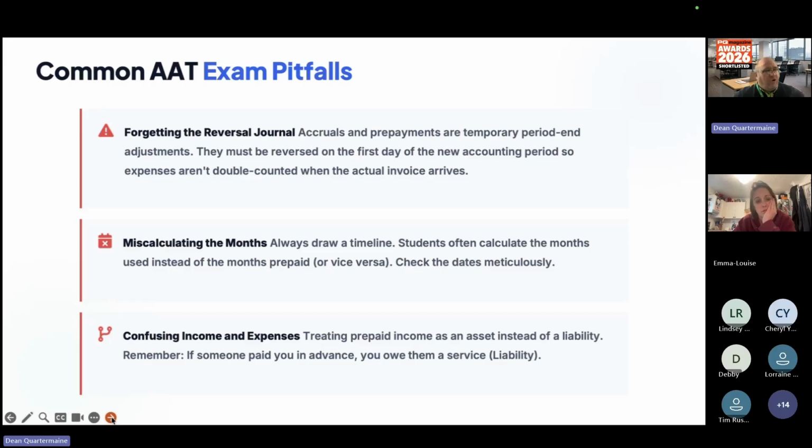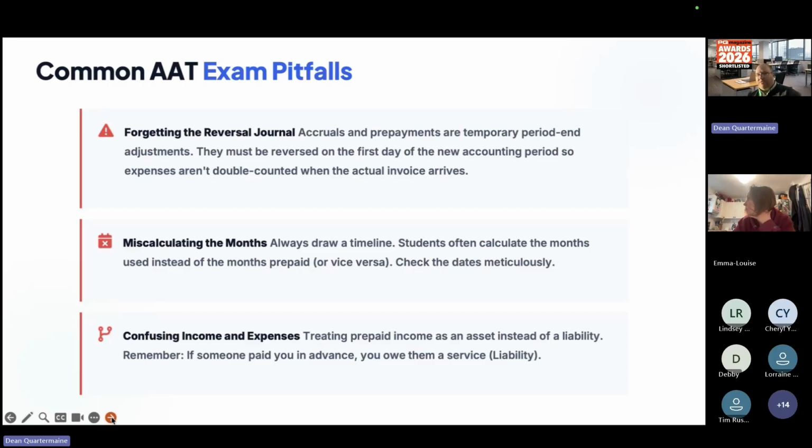The year end point is here. Therefore, I need to prepay this bit out. Or the opposite: we can draw the timeline out and understand how much expense we need to accrue. Just draw it out and make sure that you calculate the right number of months.